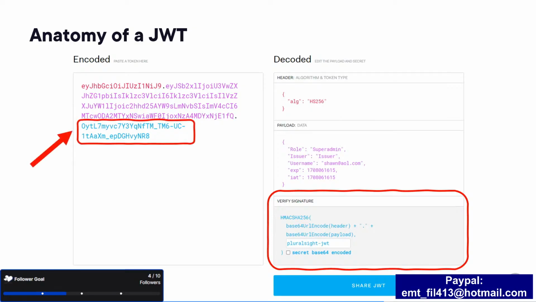Now, this signature says no one has changed this token. No one has tried to apply that they have more rights or that their username is different or that the expiration is longer than it should be, because the first two sections are taken and then run through an encryption algorithm with a key. And that key is something that only the server knows about so that it can validate this token is still the same token it issued.